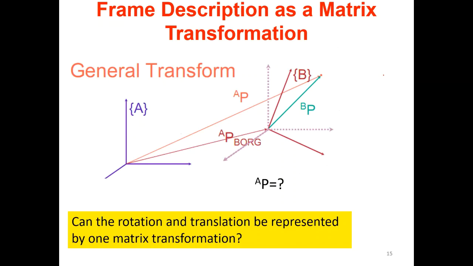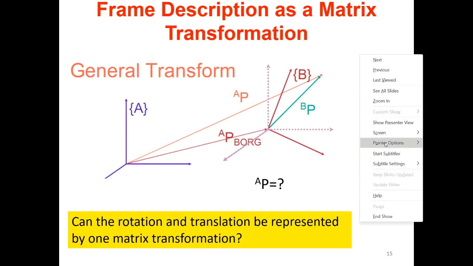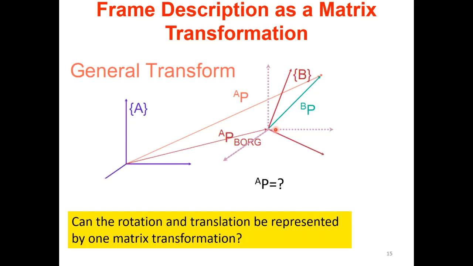You can see in this illustration, a vector belongs to frame B, that is BP. Frame B is translated like this, APBORG.